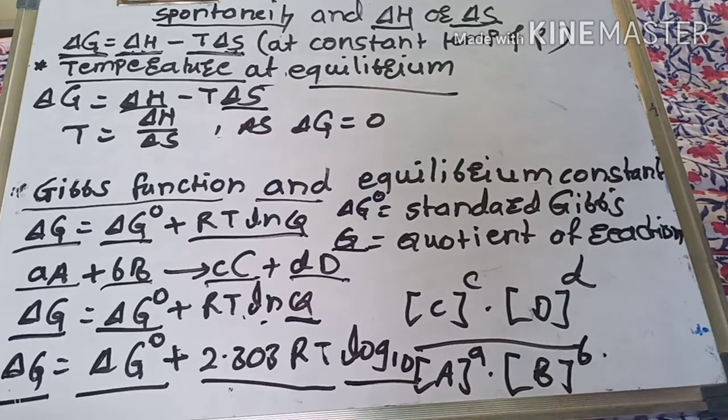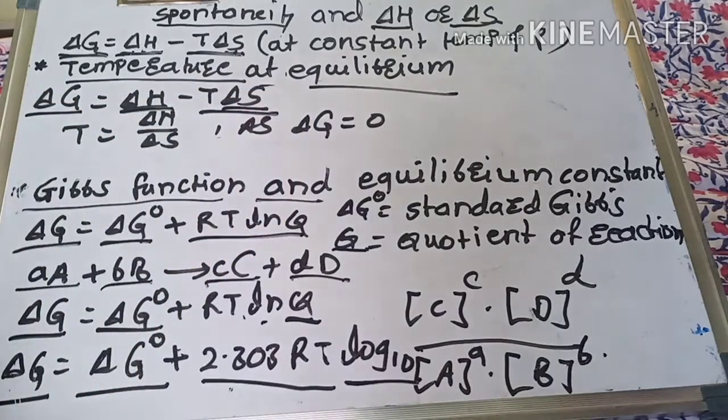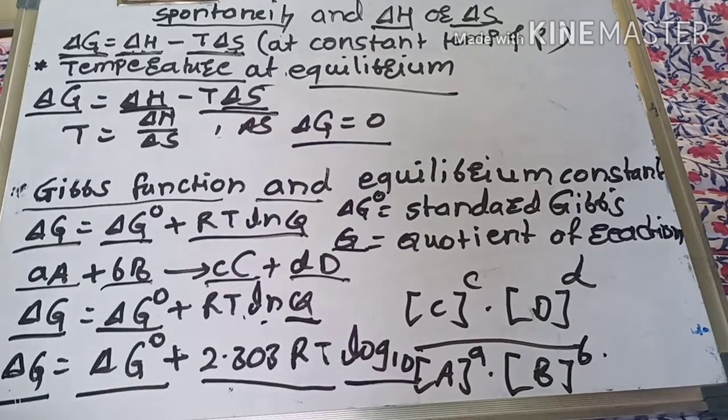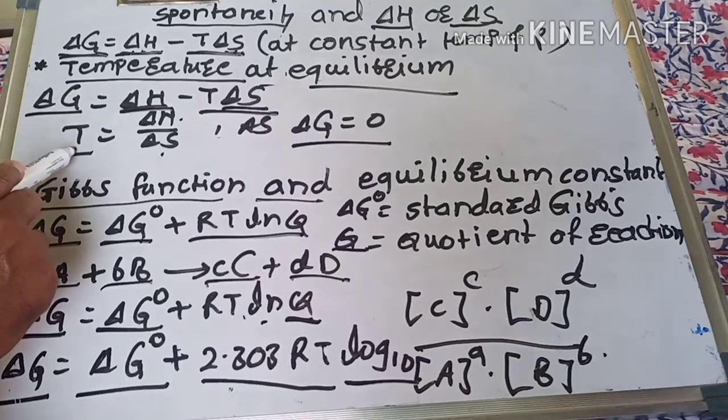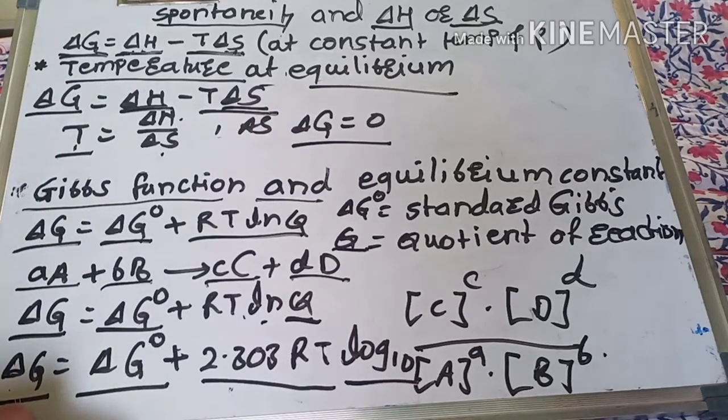So for equilibrium, again we have delta G is equal to delta H minus T delta S. As delta G is 0 at equilibrium, then T is equal to delta H upon delta S. Here T is the temperature at which the change over from spontaneous to non-spontaneous behavior occurs.